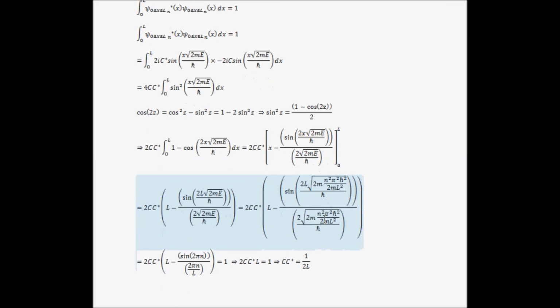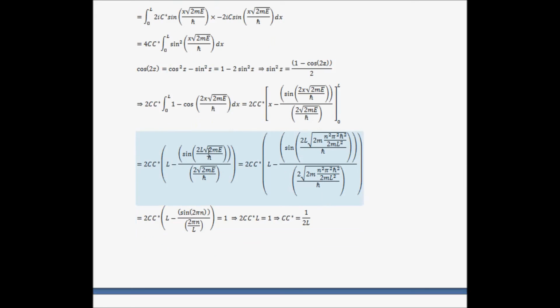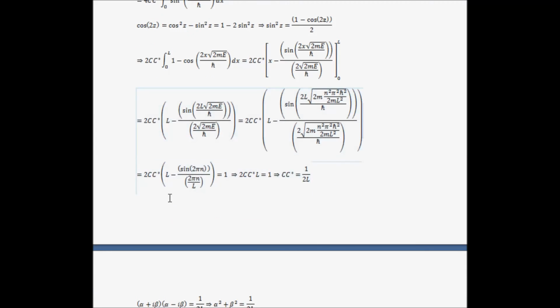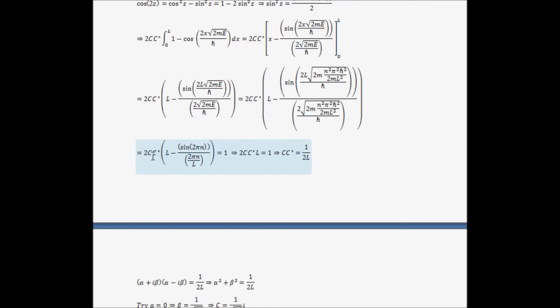This stuff cancels out a bit. I know I'm getting lazy; I should probably explicitly say where it cancels with what. This thing cancels out, and we end up with this 2 C C star on the outside. L minus 2 m's cancel. This L squared under the root cancels with this L. This h bar squared under the root cancels with this h.